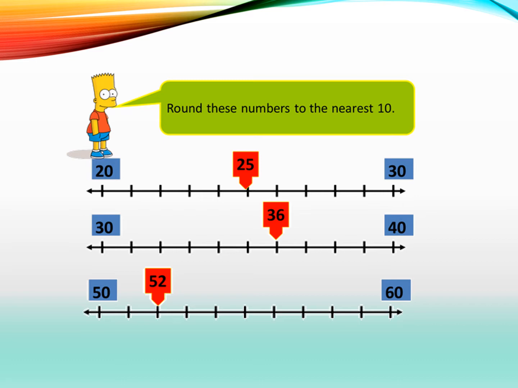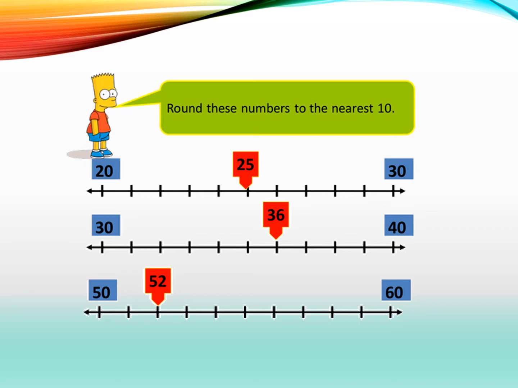If I want to know what 36 is nearest to, 36 is nearest to 40. So when I make an approximation for 36, it will be 40.